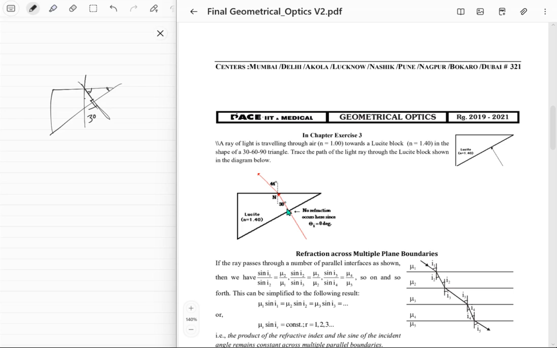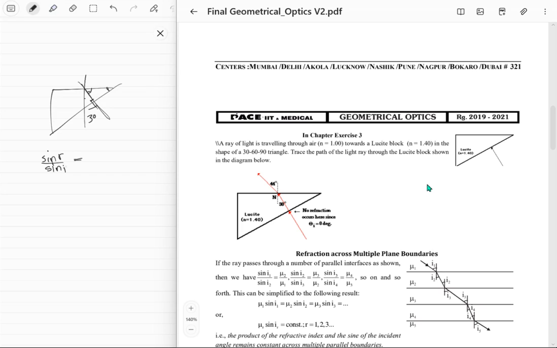So what will your refracted angle be? Refraction angle. So sine of 30 upon sine of r is equal to 1 upon 1.4, I think. And from that you get the angle. Sine of 30 is just 1 upon 2. Or you could do it the opposite way, sine r upon sine i.